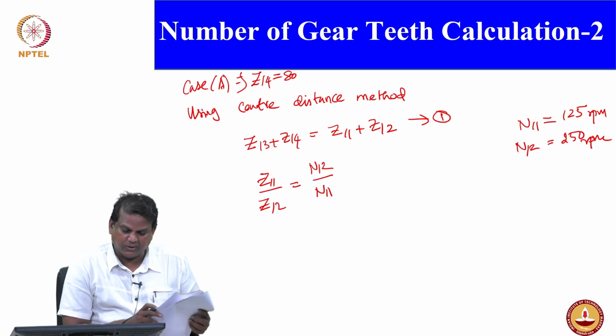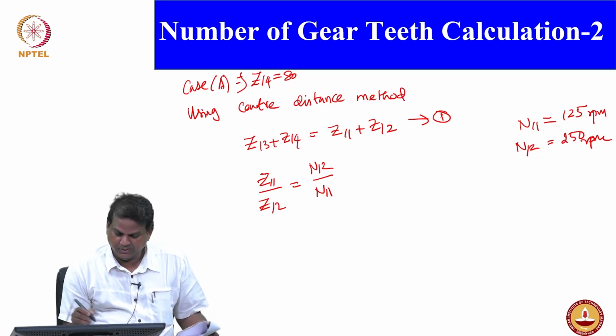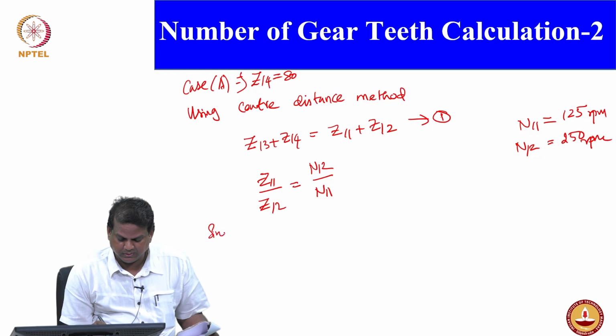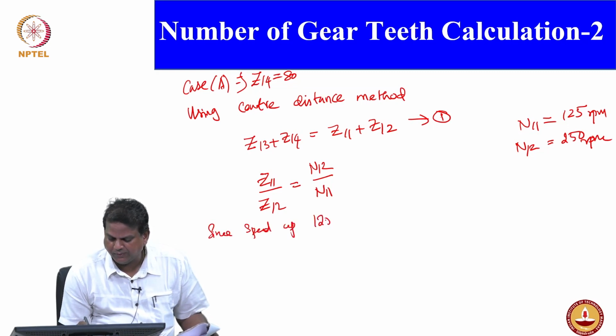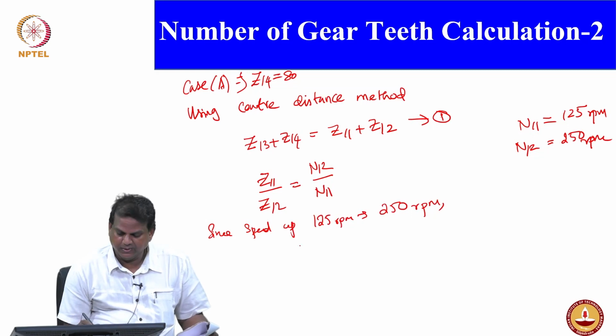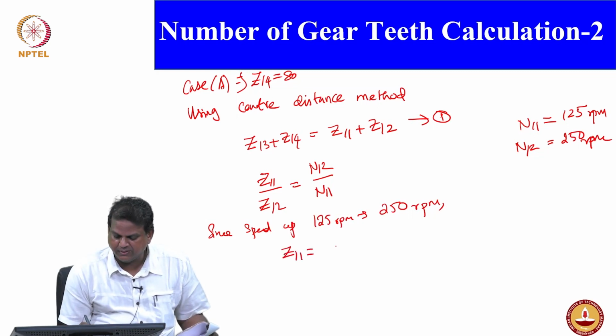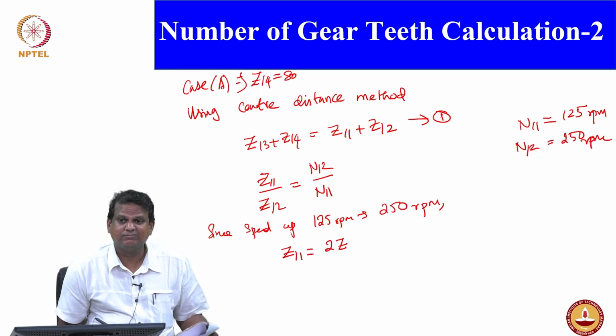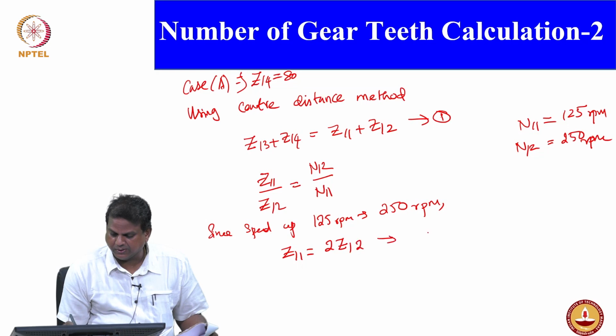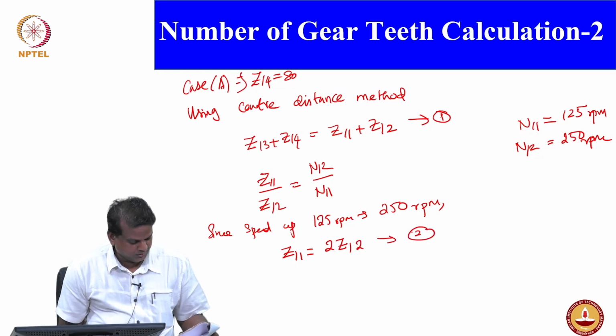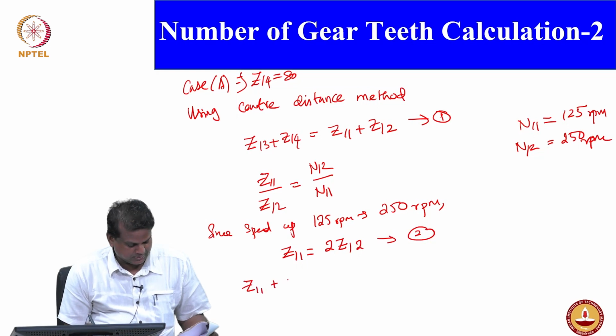So then the center distance equation. Since the speed goes up from 125 rpm to 250 rpm in this stage, I can assume Z11 as 2 times Z12, that is equation number 2. Then substitute.